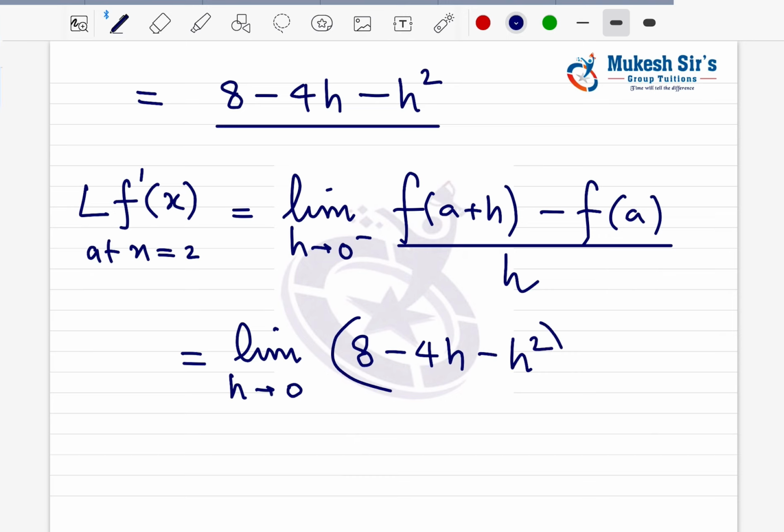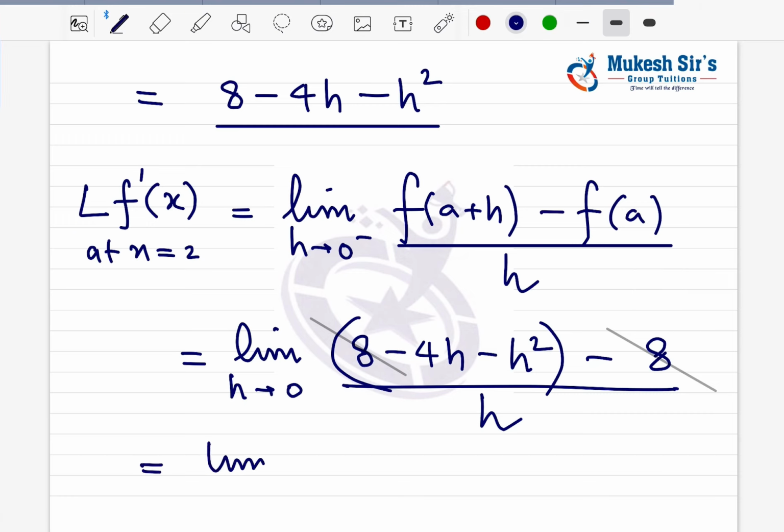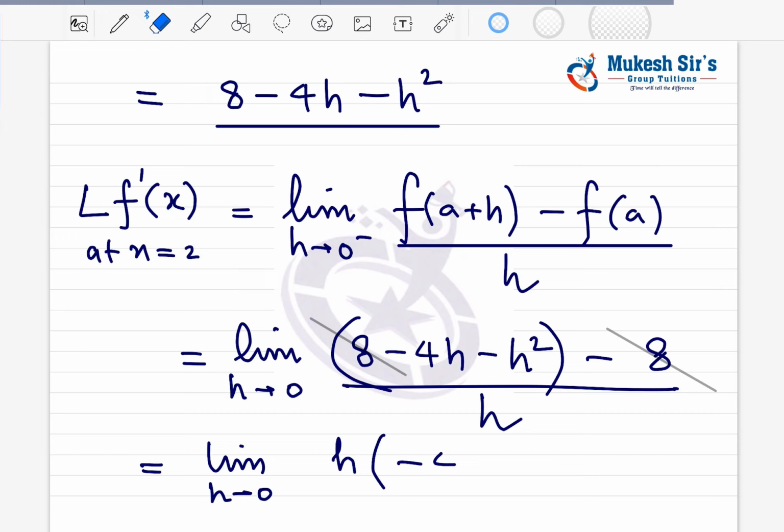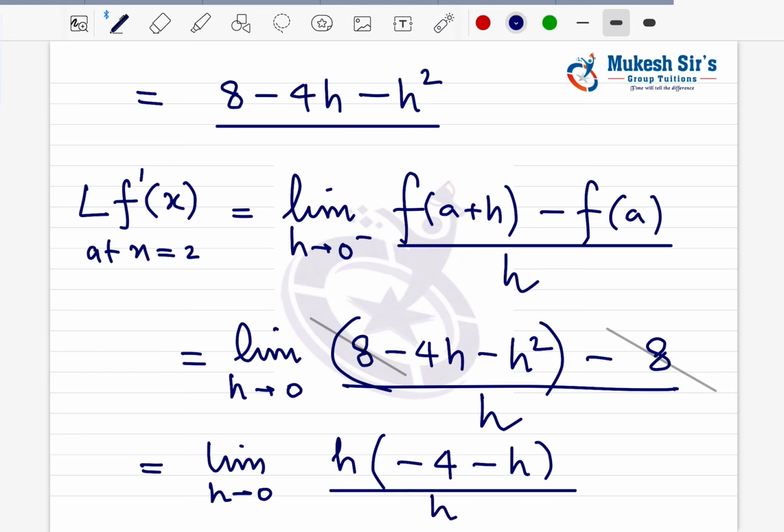When you open the brackets, that 8 and minus 8 get cancelled. You can take h common now. So when I take h common, I'll get minus 4 minus h, the whole divided by h. I've taken h common here. H and h get cancelled. You can write the reason as h tends to 0, h is not equal to 0.